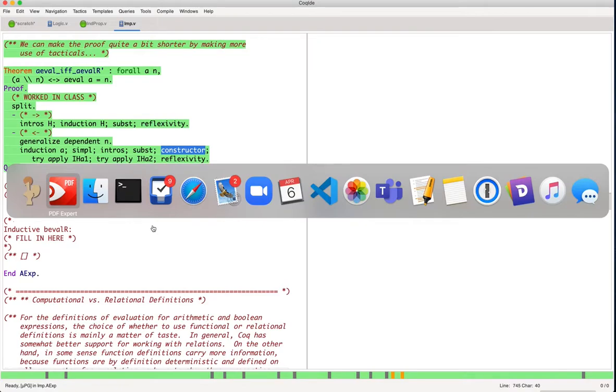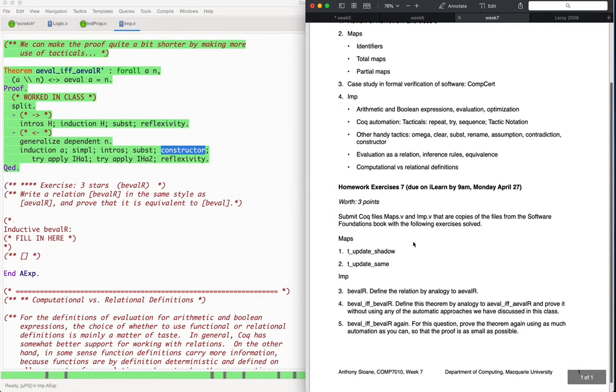So the third homework question this week is the B eval R here, where you have to write the relation for evaluating a Boolean expression, just like we did for the A eval R. Okay, and you'll notice that the B eval R will have to use A eval R, because to evaluate Boolean expressions, you have to be able to evaluate arithmetic expressions in some cases.